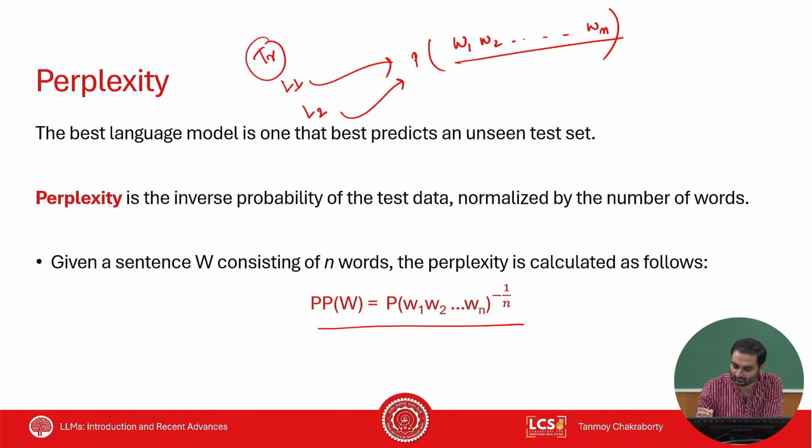What is perplexity? Perplexity is denoted by PP of a sequence of tokens 1 to n, and is 1 by the nth root of P of W1, W2 ... Wn.